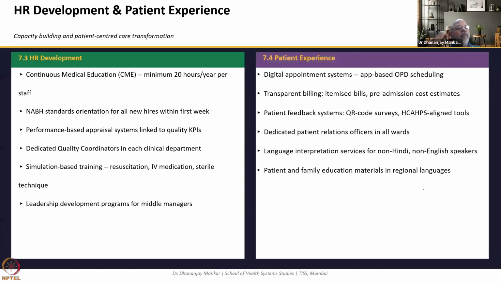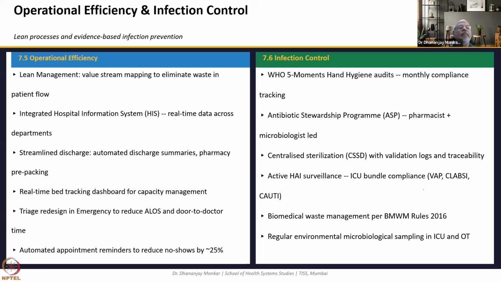HR improvement has been seen with the recommended things, NABH orientations, dedicated quality coordinators, which has given more streamlining, and you may find the hospital is improving. Patient experience, on the other side, you may find is being seen as well taken care of, which will result in 6 to 8 months in more benefits, and patient compliance will increase.